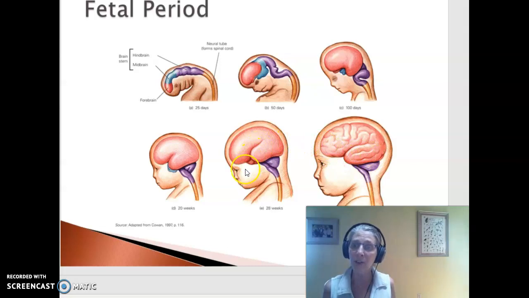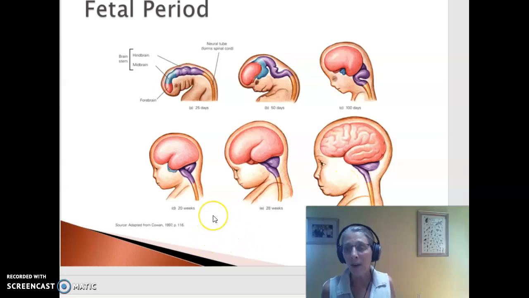So before 35 weeks, you can see even in these sort of sketches of the brain at 28 weeks is very different looking from 35 to 40 weeks. So we really need the brain development for the baby in order to support breathing and life. So you can see the developing brain here from 25 days all the way through 35 to 40 weeks.